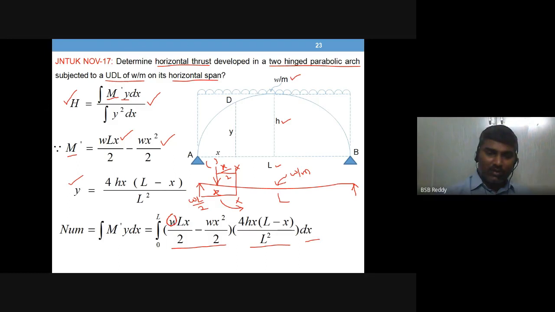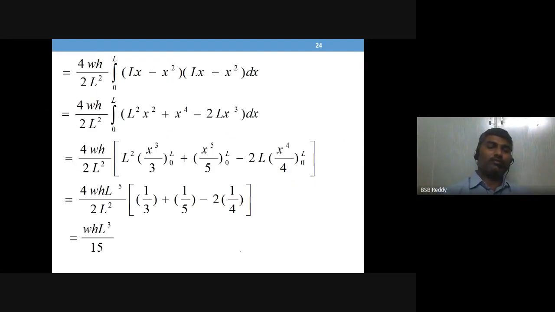W is a common term here and here, so W will come out of the integration. 4H will also come out. 2 here, 2, so 2 is common, and L squared. So 4HW by 2L squared will come out of the integration. This term is constant. Then what is there inside?